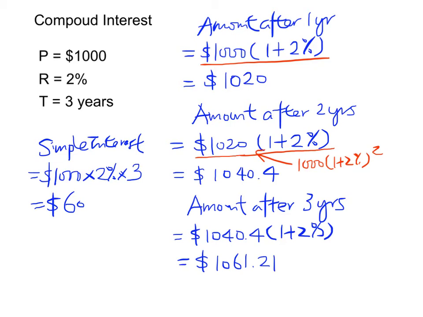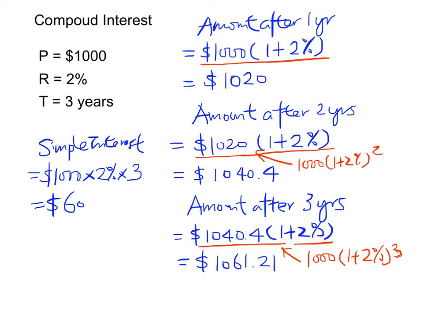Similarly, this expression, $1,040.4, is equal to $1,000 times (1 plus 2%) squared. And again, if we multiply this number by 1 plus 2%, the power 2 will become power 3. Therefore, finally, the amount after 3 years will be $1,000, P, times (1 plus 2%) to the power 3.